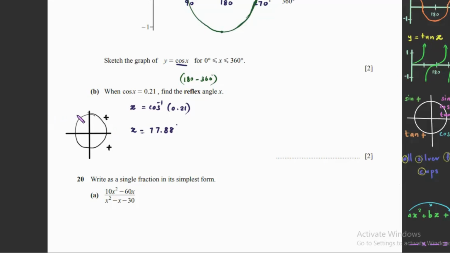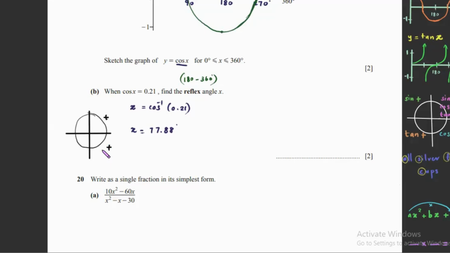Silver means sine will be positive in the second quadrant, whereas cos and tan will be negative. And the next one is T, which means tan will be positive. So sine and cos will be negative there. And here it's going to be cups, which means cos is positive, where sine and tan will be negative.